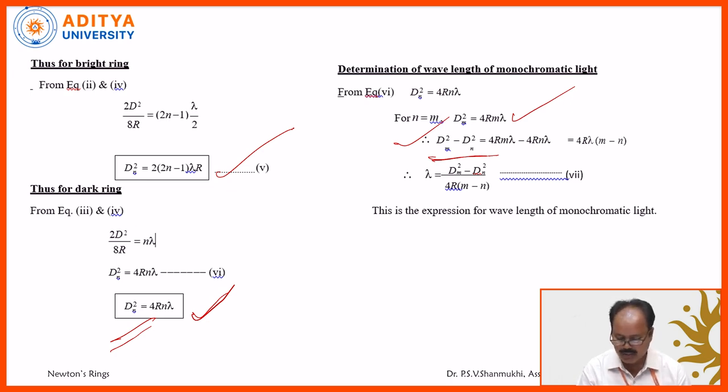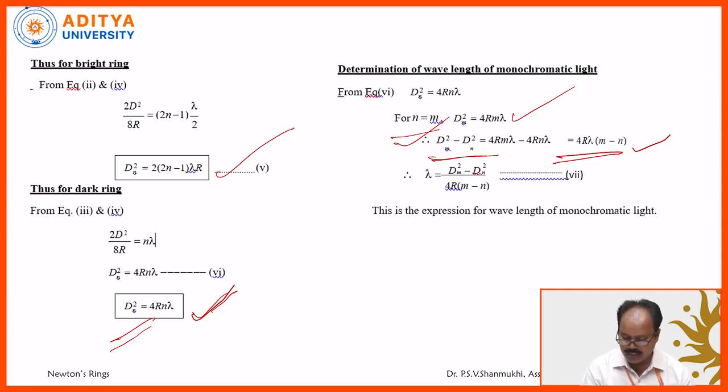For the nth ring, dn square is 4R n lambda, and for the mth ring, dm square is equal to 4R m lambda. So dm square minus dn square is equal to 4R lambda into (m minus n).